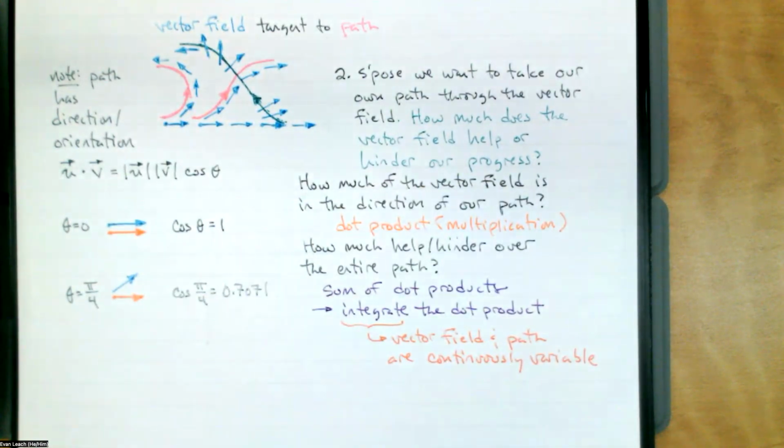If our path is taking us 45 degrees, we are getting help. 70% of that vector field is pushing us along. We're getting 70% of that wind.